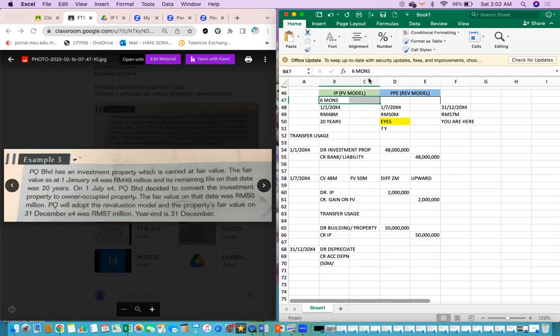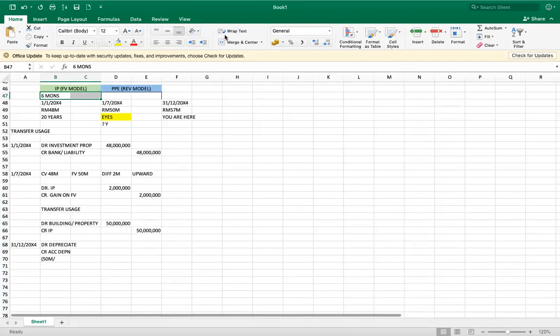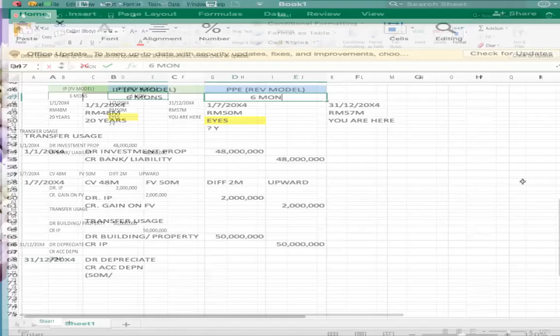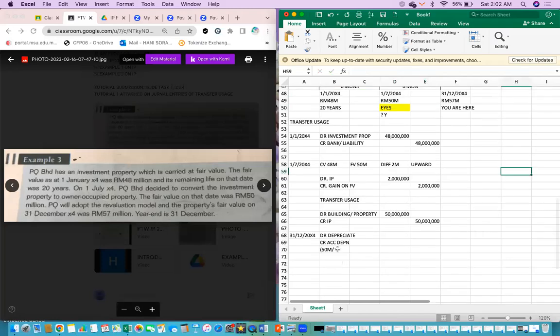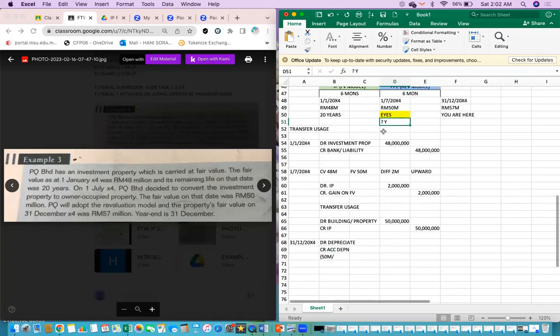And from here is also 6 months. Okay. All right. So now your eyes put here, and you can see that 20 years reduced by 6 over 12. The number of remaining life is 20 minus 6 over 12, half year. So that's the number of years that you have to use.